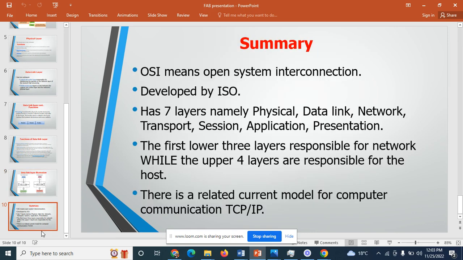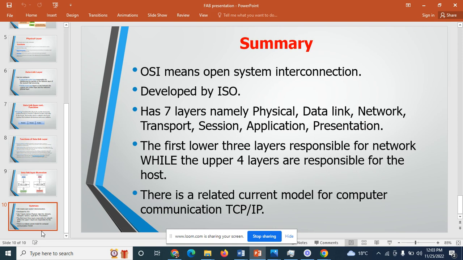In summary, we have talked about the Open Systems Interconnection model, which means there is a way computers on a network are able to communicate and exchange information. That is the model that describes that communication. Remember, it was developed by the International Organization for Standardization in the year 1984. It has 7 layers. We have talked about physical and data link.